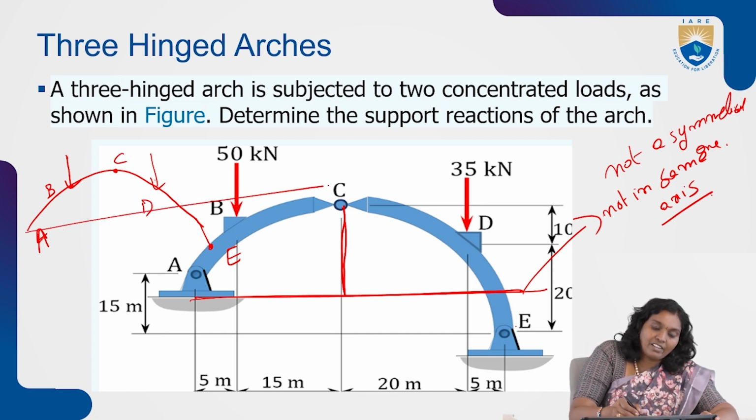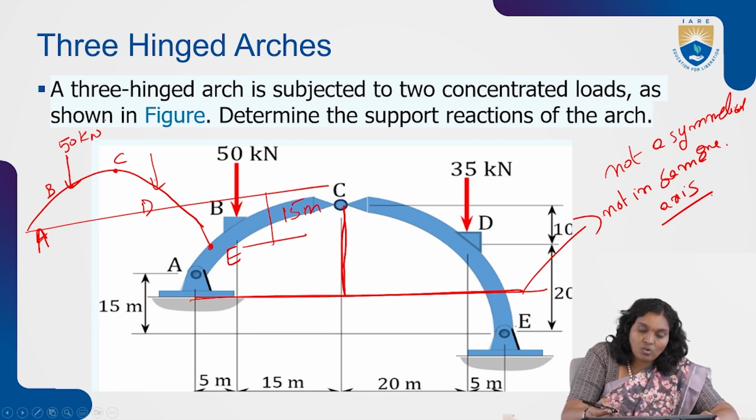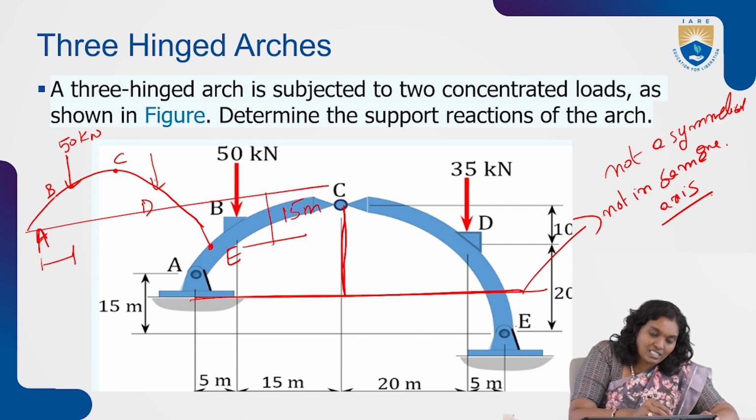Here the height difference between A and E is 15 meters, and at B a 15 kilonewton point load is acting. From A to B, the horizontal distance is 5 meters. From B to C, the horizontal distance is 15 meters.